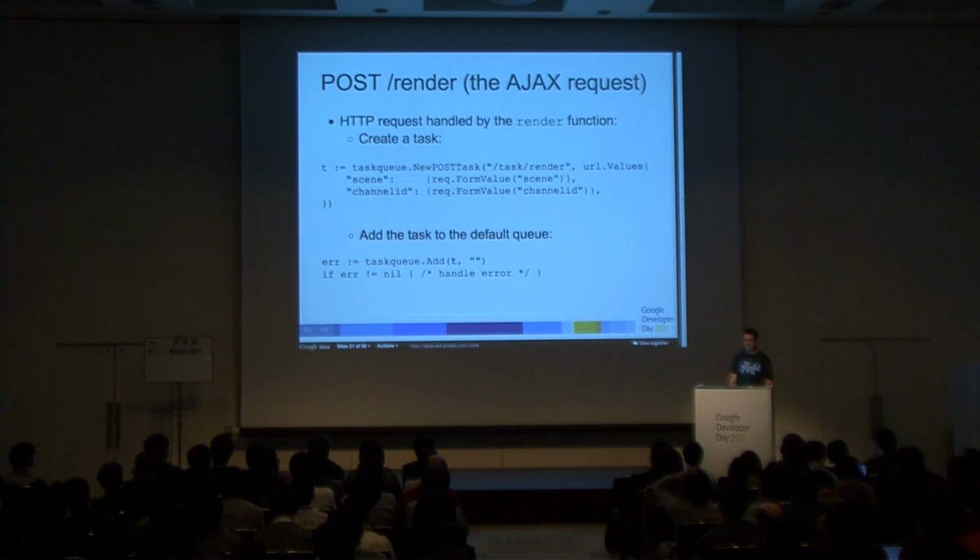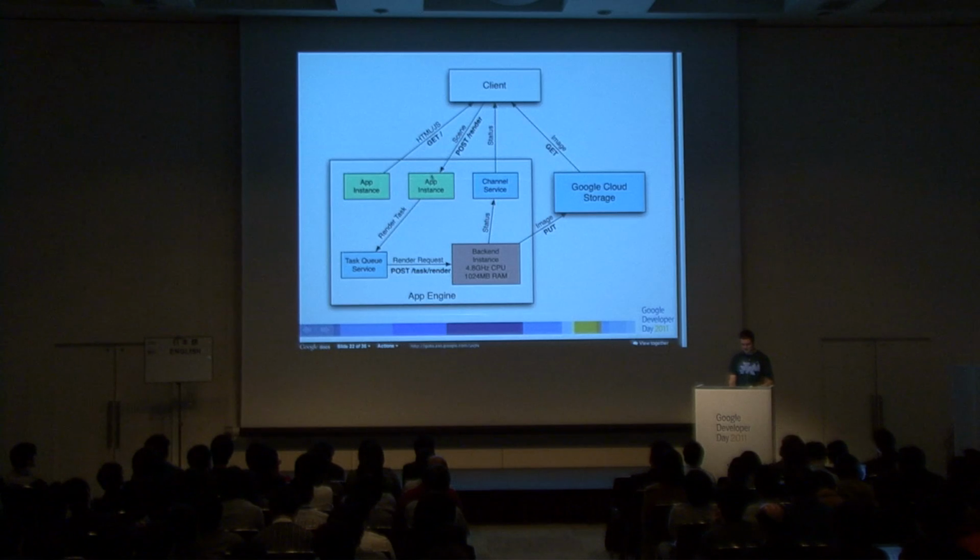And then it adds that task to the default queue. So what I've just described is this portion of the exchange. Our render handler here creates the render task, and the task queue service will make a separate request to task/render. So you notice here that I'm hitting a backend instance.